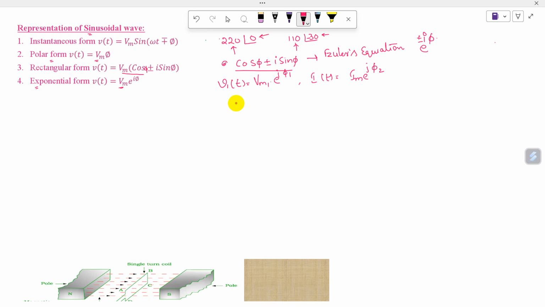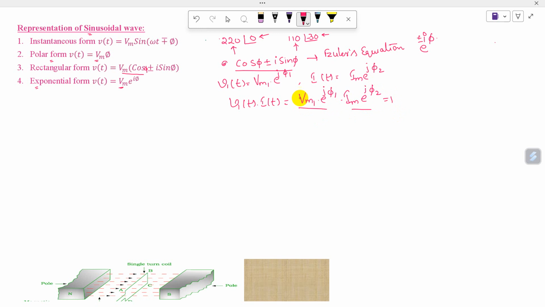Now what happened to my v1 of t into I of t, that is Vm1 e power j or I, whatever, phi 1 into Im e power I phi 2. So straight away this is v1 of t and this is I of t.